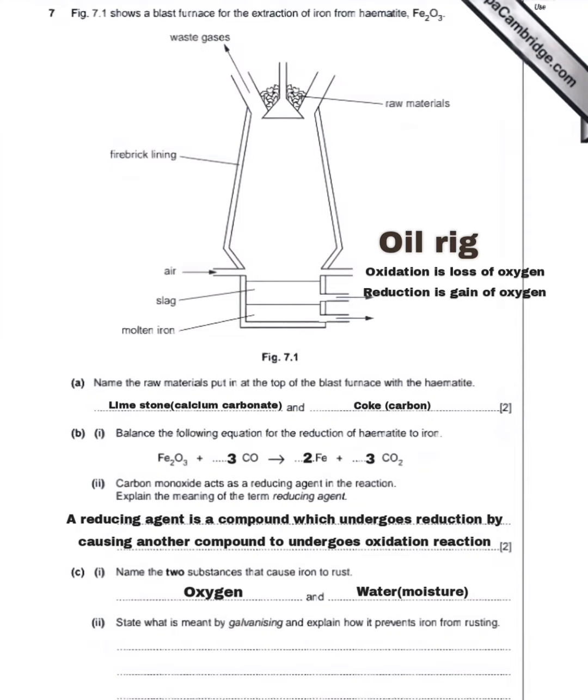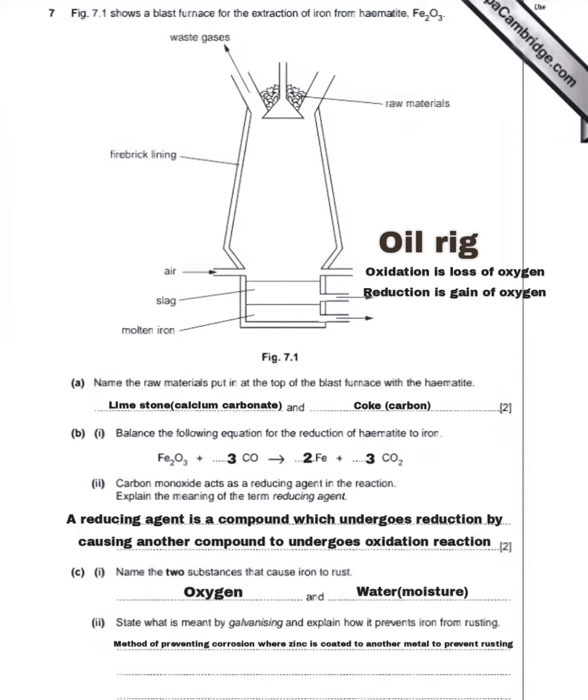So galvanizing is the method of preventing corrosion, where zinc is coated to another metal to prevent rusting.